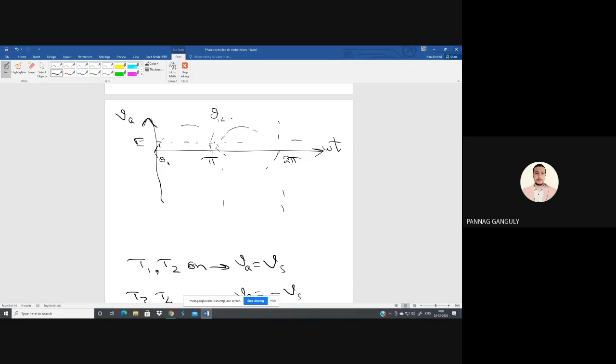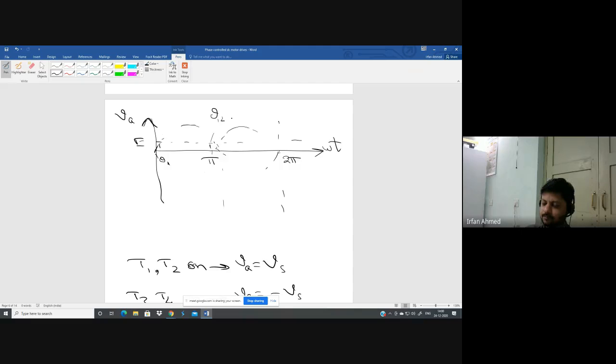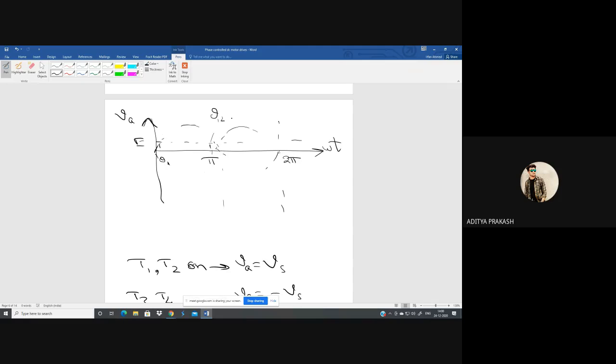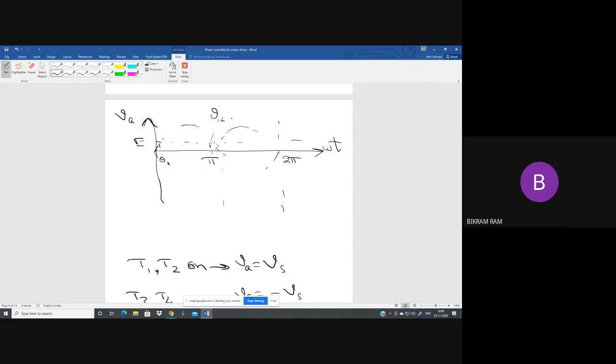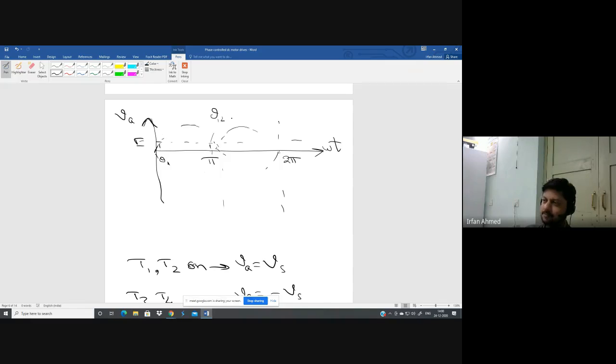Source to load and load to source power flow, theta 1, theta 2. Before theta 1, the back EMF is more than Vs. That is why the SCRs are reverse biased.